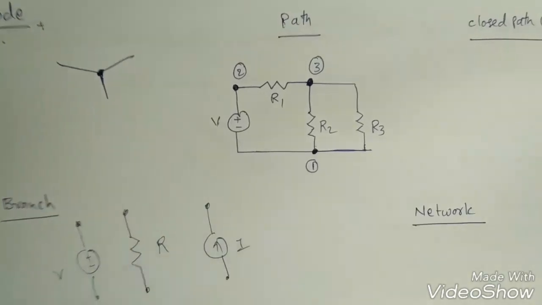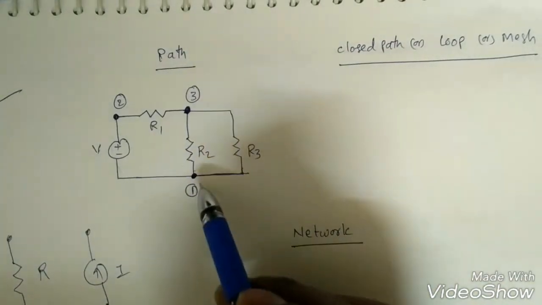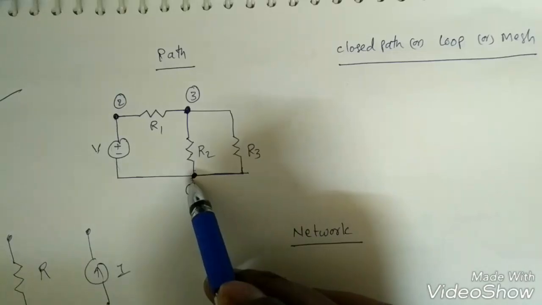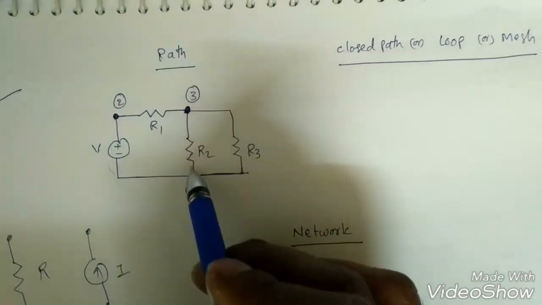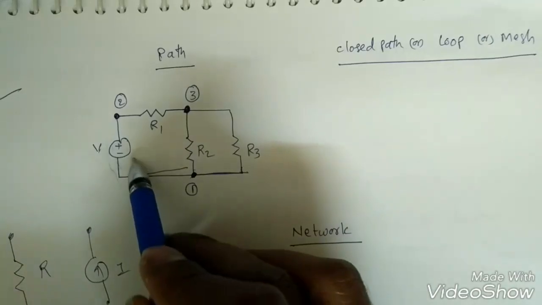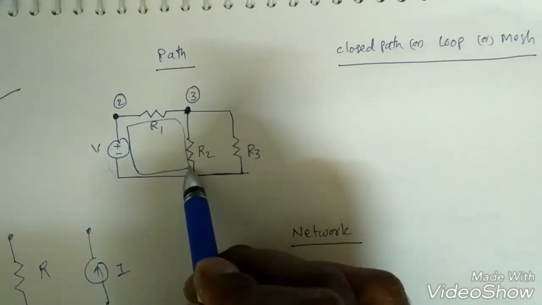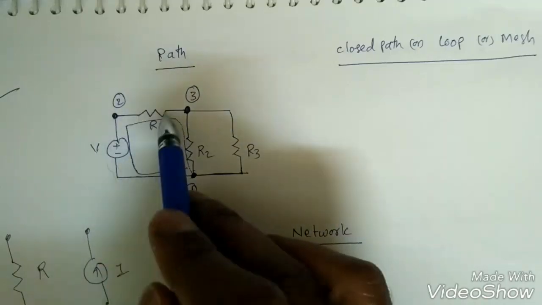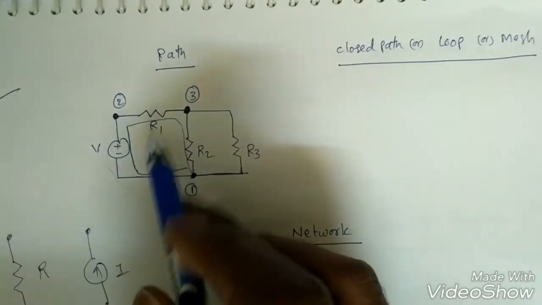Now what is a closed path? A closed path or mesh: generally if I start from this node, I should end with this node only, right? Suppose this is the path around this loop, we have to end with this, and no node should repeat, right? That is a closed path, or we can say mesh.